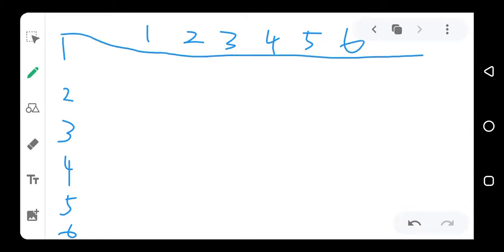Then for the second one, we have 1, 2, 3, 4, 5, 6. Now we join them.